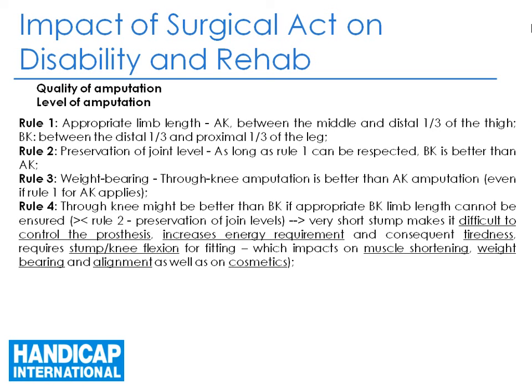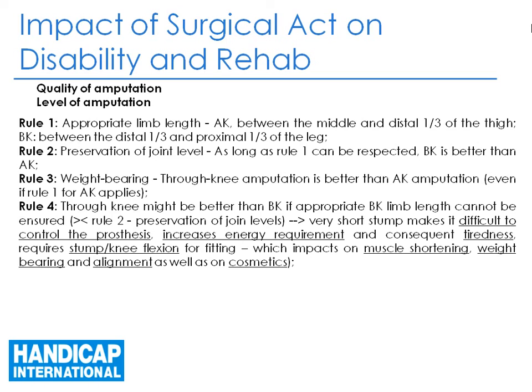We'll have to keep the knee in flexion to ensure weight bearing, and that leads to muscle shortness. Also, a short stump makes it much more difficult to control the prosthesis. Increase of energy requirement and tiredness. So sometimes it's better to go against rule 2 if the stump is very short.